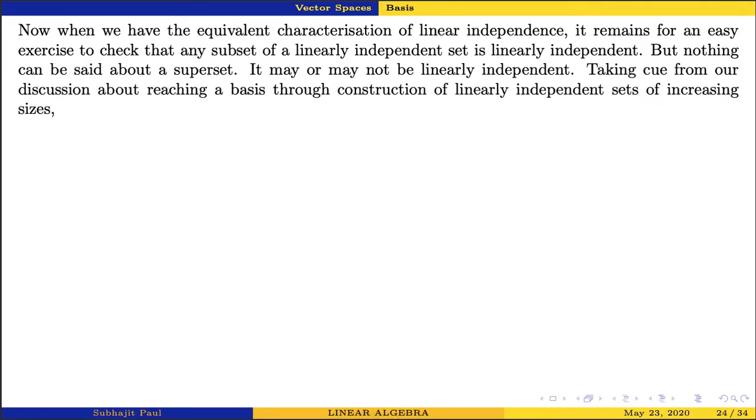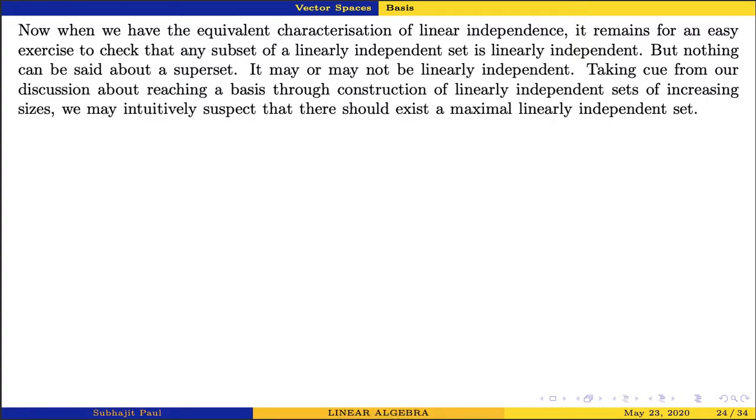Now, taking cue from our discussion about reaching a basis through construction of linearly independent sets of increasing sizes, we may intuitively suspect that there should exist a maximal linearly independent set which cannot be increased any further, keeping the linear independence of the set.